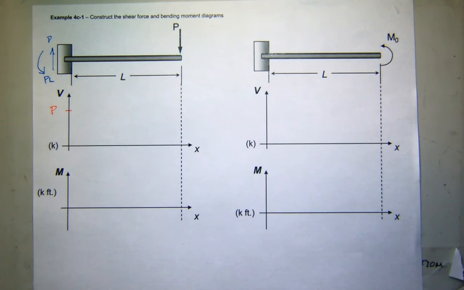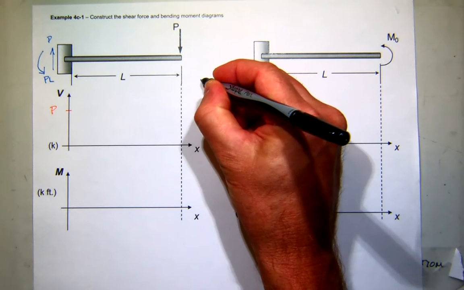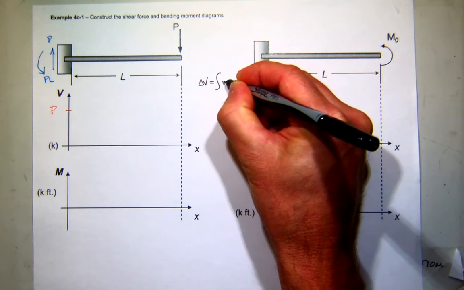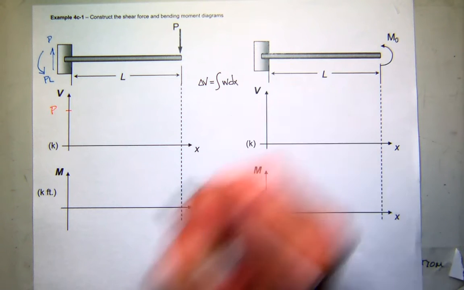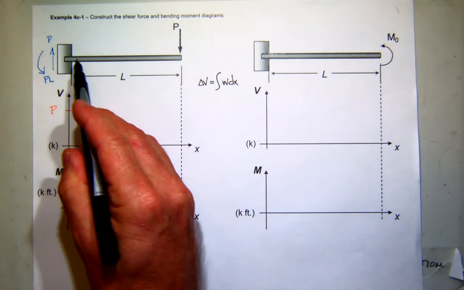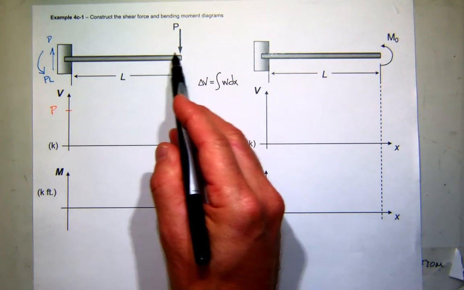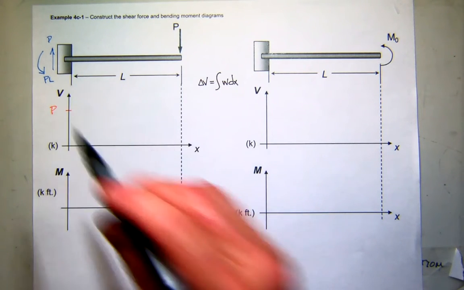So let me just remind you that the change in shear is going to be the area under the load diagram. So let's look at this area here. What's the area under the load diagram from 0 to L? 0. So there is no change in shear.